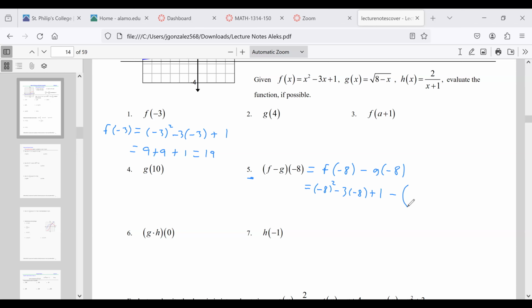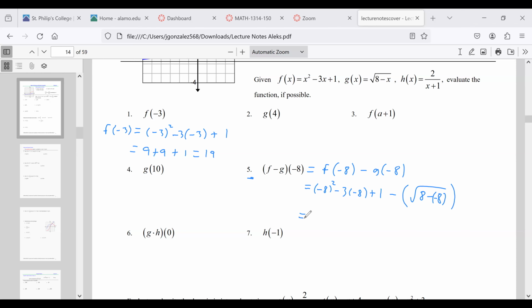Then I'm gonna minus whatever result I get from G. So G is the square root up here. So that would be 8 minus 8, right? Negative, yes. Plug in, this is what they went in. Right.